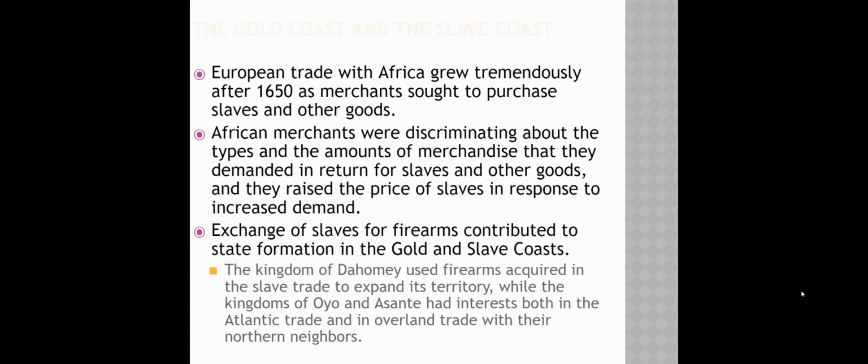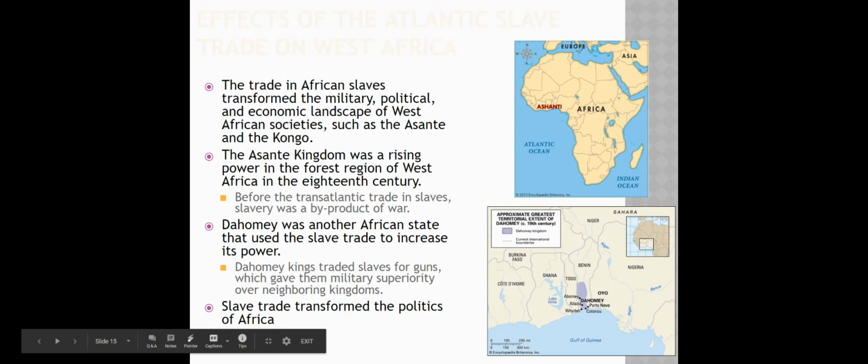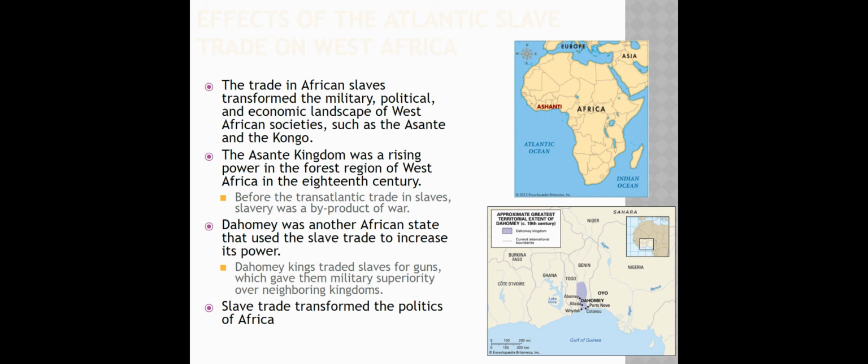However, it is unclear if slave taking was the motivation for these wars in the first place. The trade in African slaves transformed the military, political, and economic landscapes of West African societies, again, such as the kingdoms of Asante and the Congo.